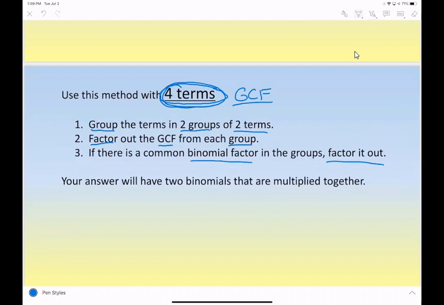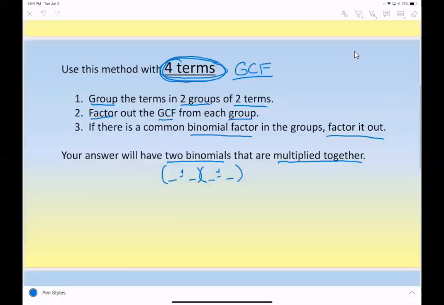So your answer will have 2 binomials that are multiplied together, with either a plus or minus between them.